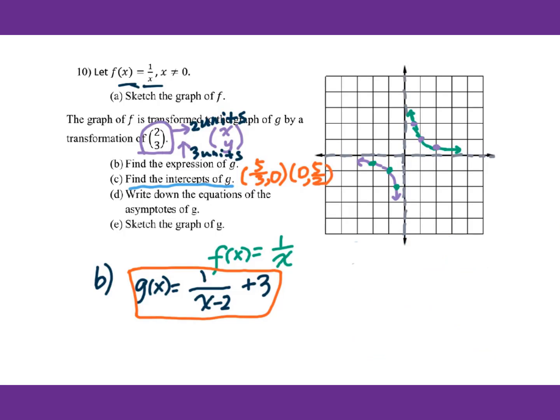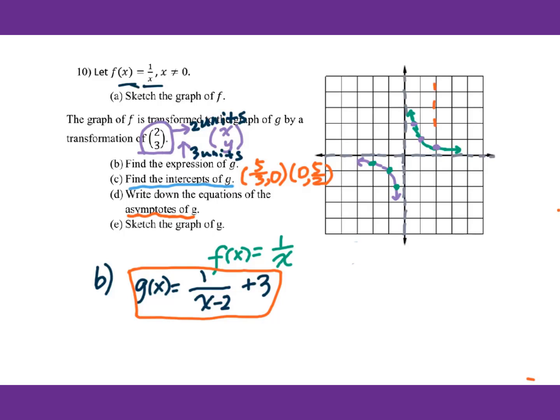For D, find the asymptote lines. Since we did a transformation, you can do the transformation for the vertical asymptote line and the horizontal asymptote line. For the vertical asymptote line, you move to the right 2 units. Going down or going up doesn't matter. We just need to move to the right 2 units.